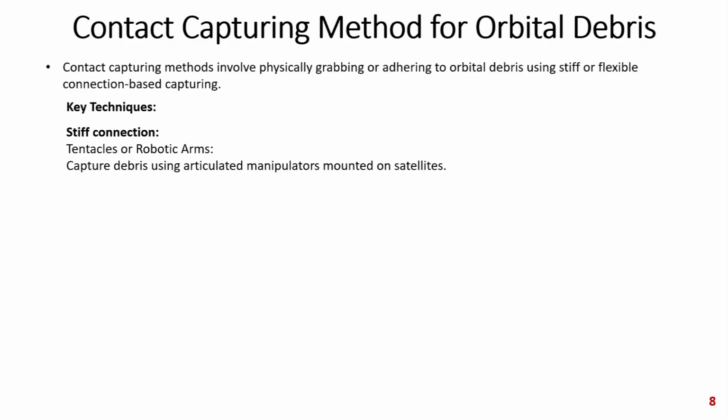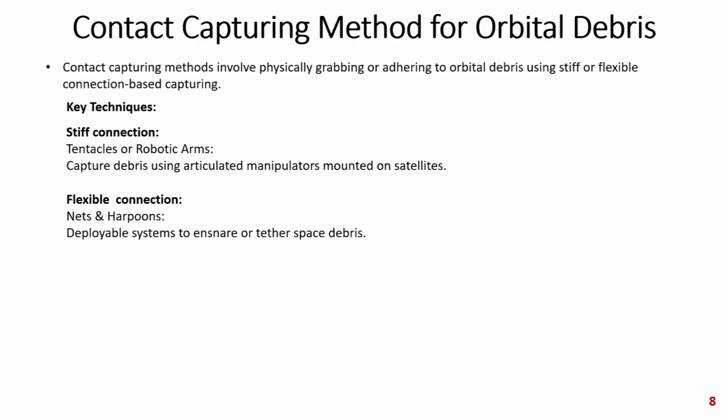They capture the debris using articulated manipulators mounted on the satellites. For the flexible connection, they can use nets or harpoons, as I already told. Then there are deployable systems to ensnare or tether space debris. Then there are adhesive surfaces, using sticky material or gecko-inspired pads to cling to small particles.